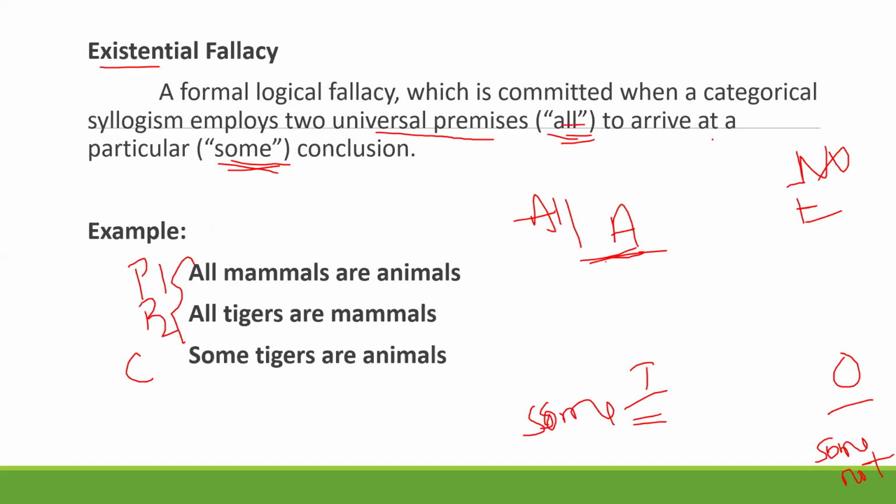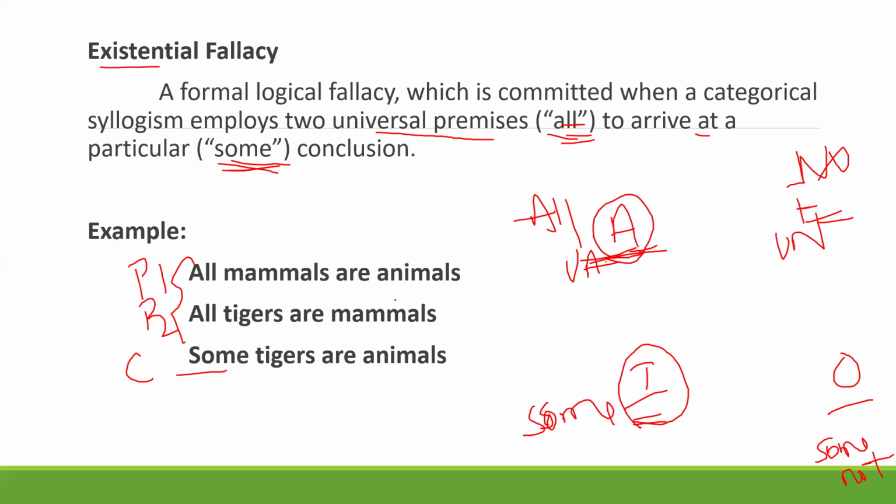Any universal premises arrive at a particular conclusion. This is universal affirmative, this is universal negative. Both things joining together, we are getting some as the conclusion. Suppose this is all plus all, some we got. So this is the existential fallacy.